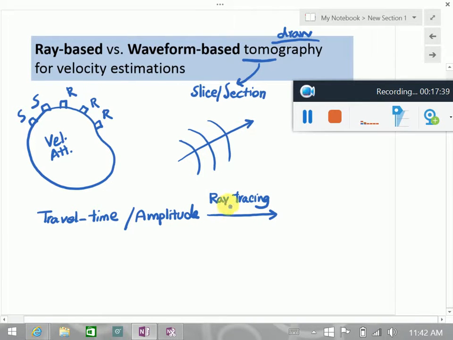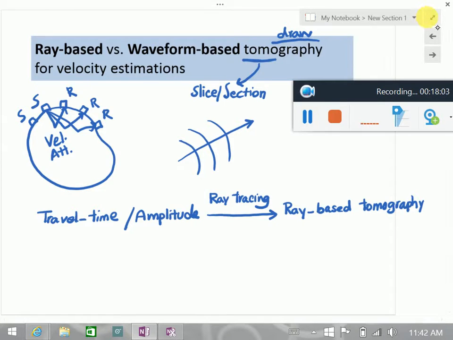We use ray tracing, and this will be ray-based tomography. So the input to the model are travel time. So for example, you kind of look at this. Then you have the other source.